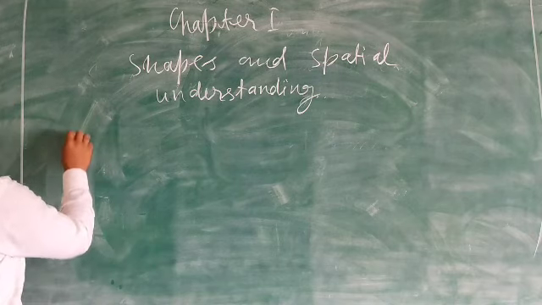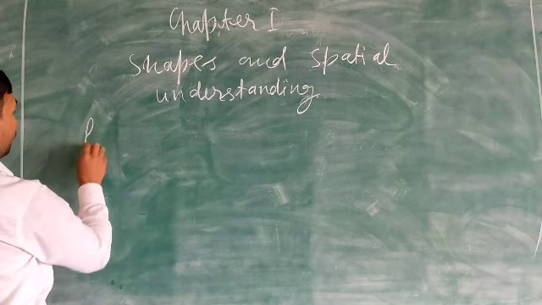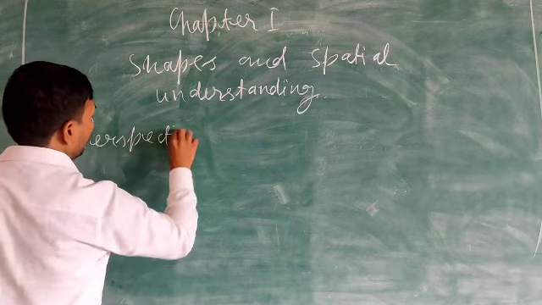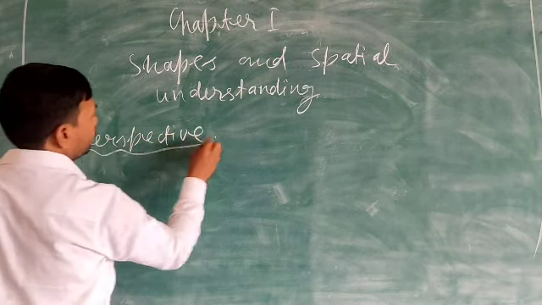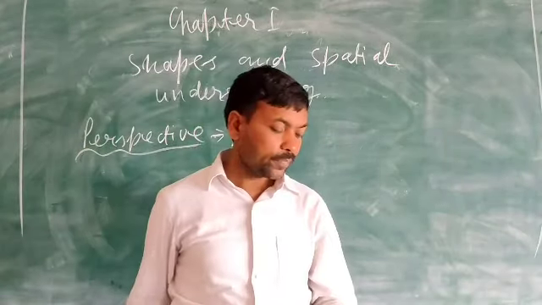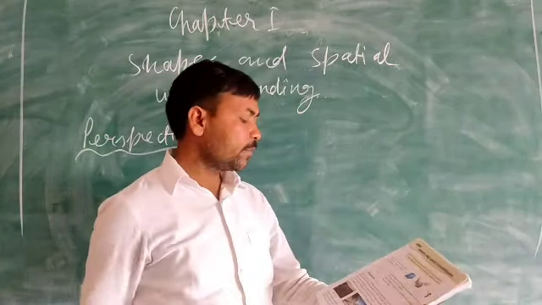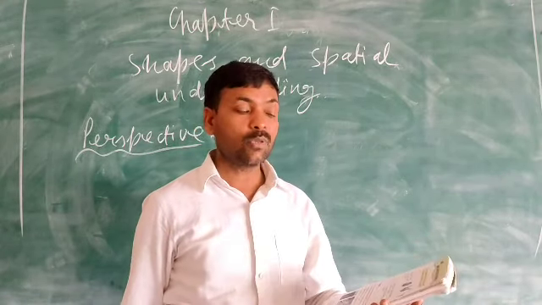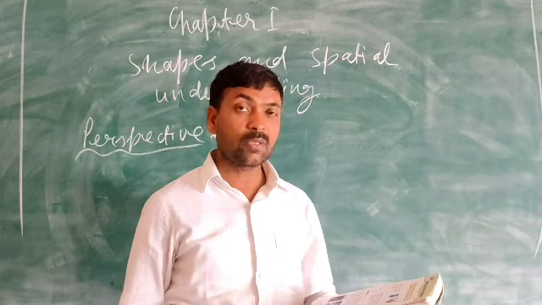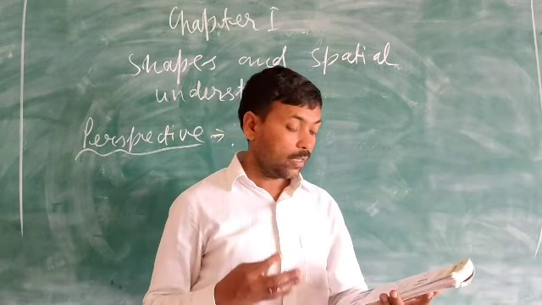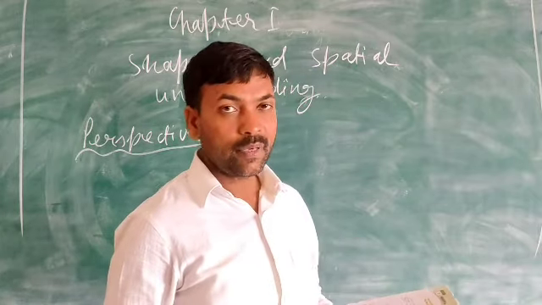Here it is given: a perspective is an art of representing a three-dimensional object on a two-dimensional surface so as to convey the impression of height, width, depth or relative distance.